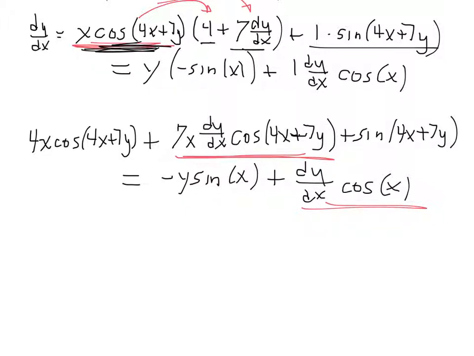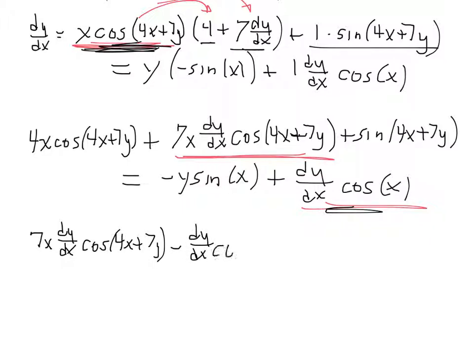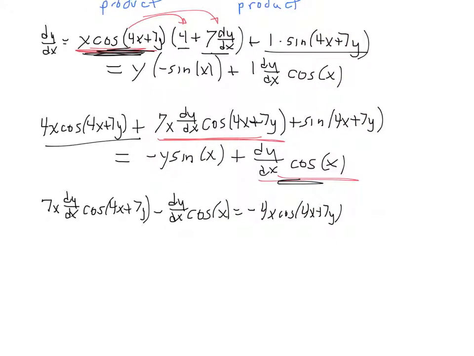So I'm going to have 7x dy/dx cosine of 4x plus 7y. Chunking this one to the other side, so minus dy/dx cosine of x equals, I really don't feel like writing all this. So this went over there, so minus 4x cosine 4x. Think I can get it to fit? Sure, I can shrink this.